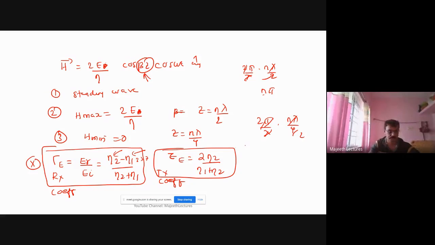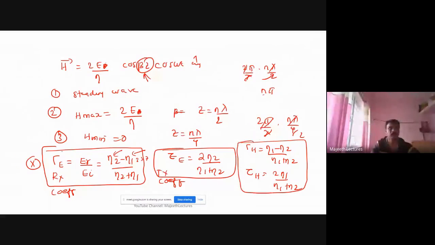Similarly, for magnetic field, gamma h and tau h. These four formulas are very, very important. This is the reflection coefficient for electric field, the transmission coefficient for electric field, the reflection coefficient for magnetic field, and the transmission coefficient for magnetic field. Right? So please remember this.